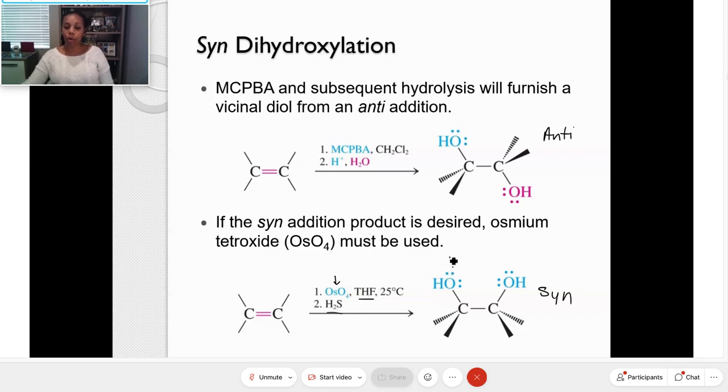We add both of our oxygens to either the top face or the bottom face. Both of the oxygens come in the same step. Here, one oxygen came in the first step, the other in the second step, but here both of the oxygens come in from the osmium tetroxide, which allows for this to be a syn addition.